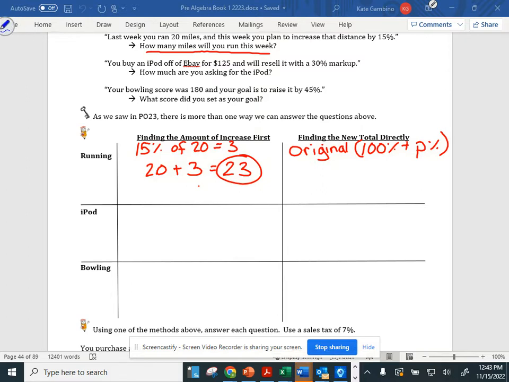So our original was our 20 miles times 100% plus that percentage increase of 15%. So that means we're going to do 20 times 100% plus 15% is 115%, right?